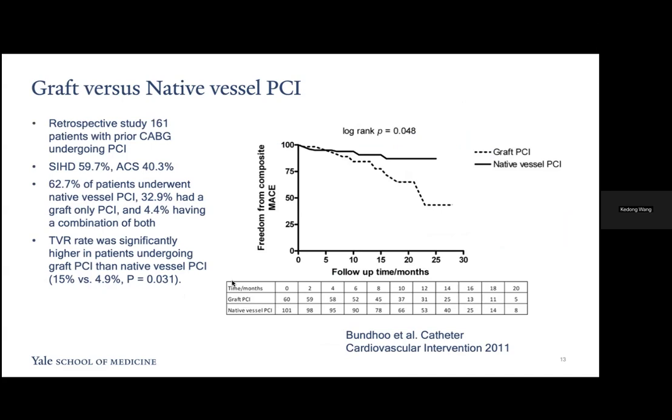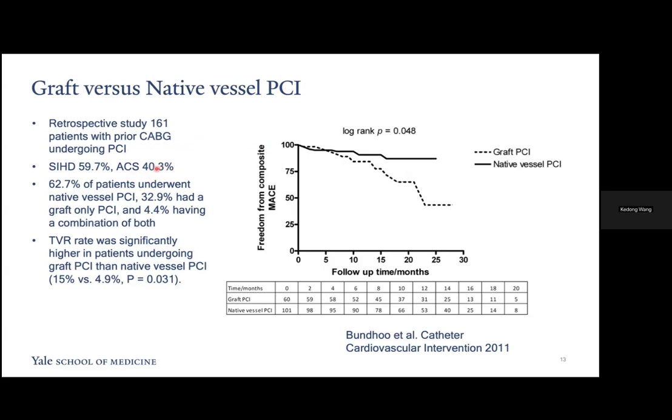This is another study, and it shows similar findings where they demonstrated that native vessel PCI is better than graft PCI. It's a smaller study, a retrospective study of 161 patients who had prior CABG undergoing PCI. What's a little bit different about this study is that a significant percentage of patients had ACS.